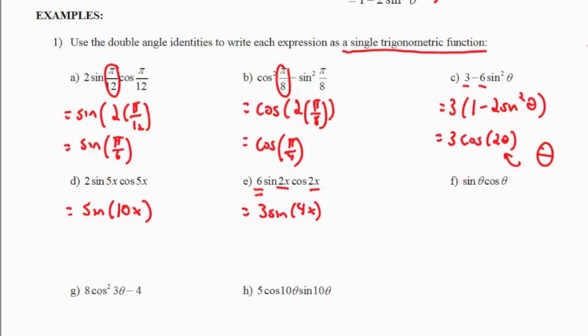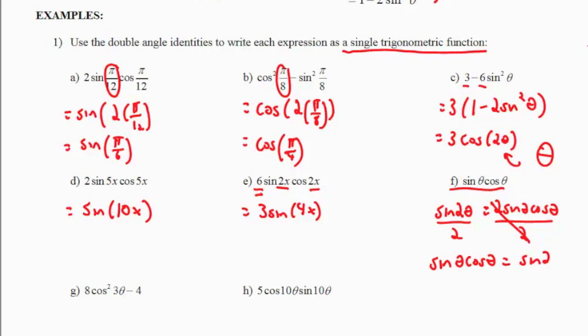F is a little trickier, so I'll take a look at this for you. We know that the sine of 2 theta is equal to 2 sine theta cos theta. Well, all we have to do is divide both sides by 2, and we end up with sine theta cos theta is just equal to the sine of 2 theta divided by 2.